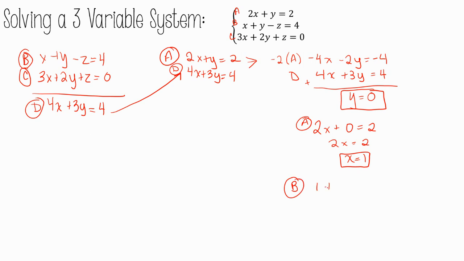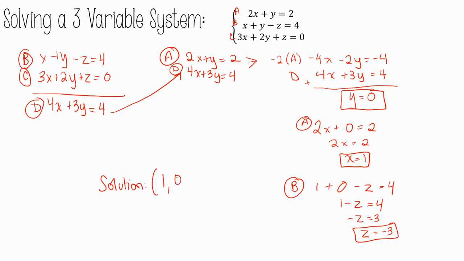And I have 1 plus y minus, y is 0, minus z equals 4. 1 minus z equals 4. Subtract the 1, so z equals -3. Make sure you write your solution as a point and write it in order. So I have x, y, and z.